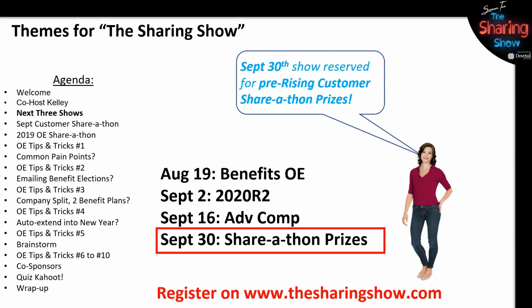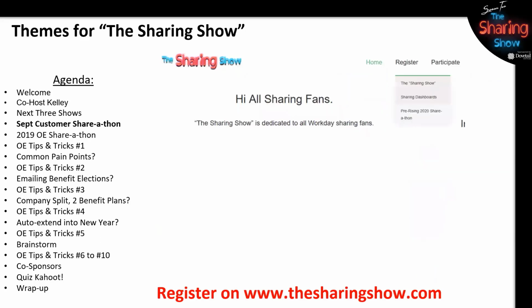We're going to have a share-a-thon, previously called and still called the Pre-Rising Share-a-thon. There have been some changes, but the show must go on. At the very end of September, Tuesday, Wednesday, Thursday, September 29, 30, and then October 1, we're going to do our Pre-Rising Share-a-thon on thesharingshow.com.